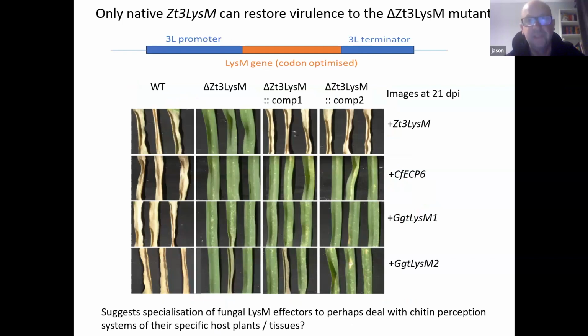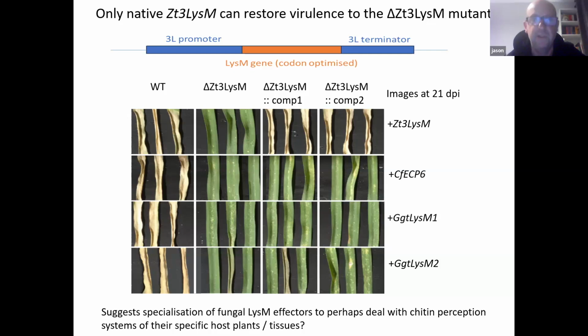And in a nutshell, this is where we are with this work: only the ZT3 lysem protein, when reintroduced into the Zymoseptoria tritici lysem mutant, can restore full virulence. Intriguingly, ECP6 from Cladosporium fulvum, despite looking structurally very similar, cannot do that, and neither can any of the other tested lysem effectors thus far.